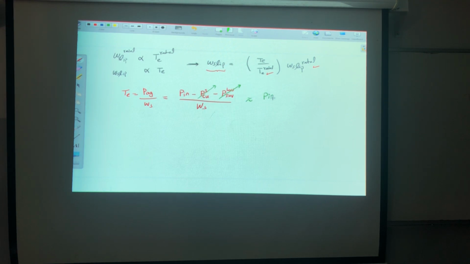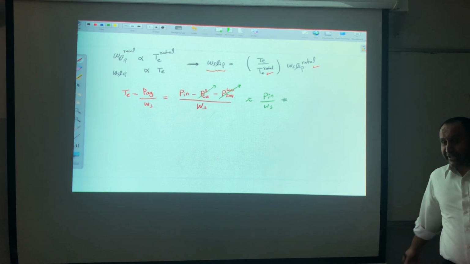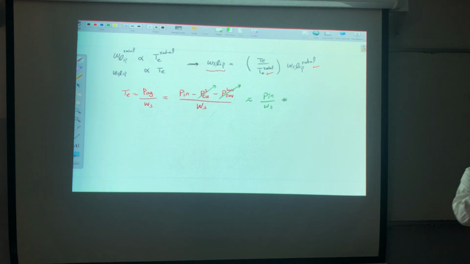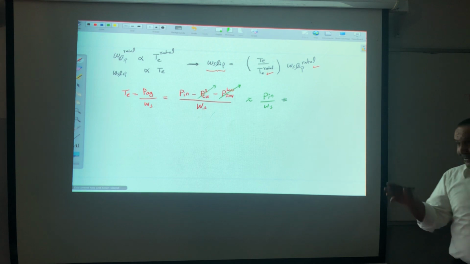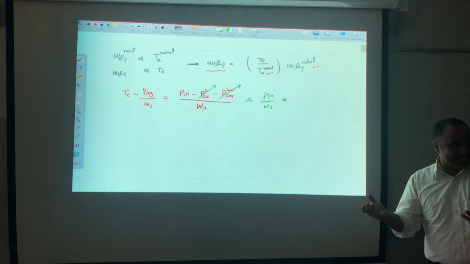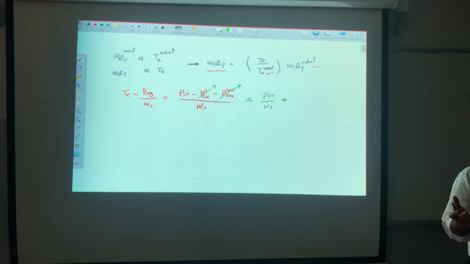So at the end of the day, this will equal Pin over omega s. Now Pin is equal to what? If I need VA or IA, this means that I need 3 sensors for the voltage, 3 sensors for the current, and I need the power factor. It will be very complicated. But under the assumption that I'm having a lossless inverter, it will be VDC times IDC.